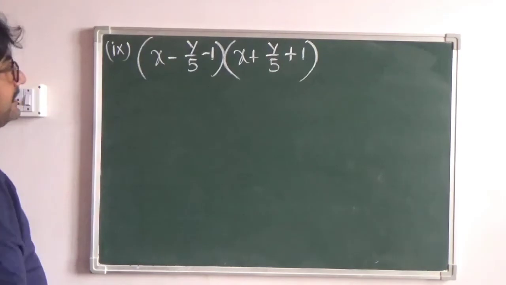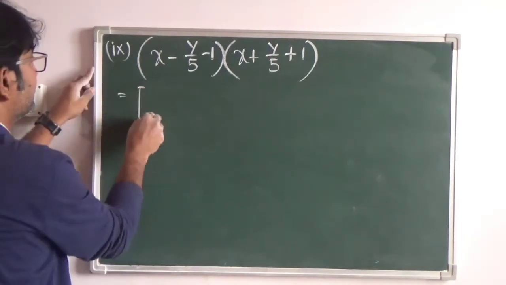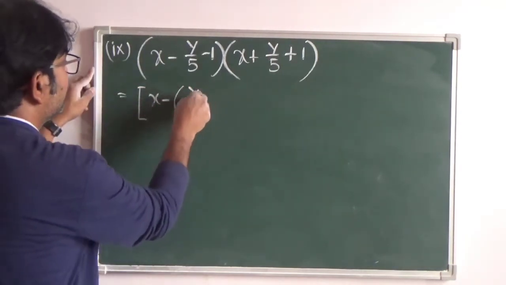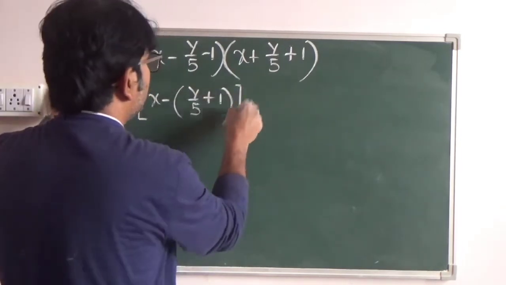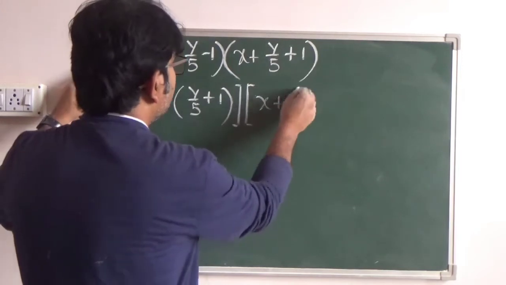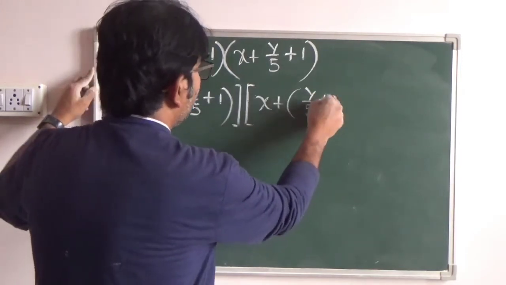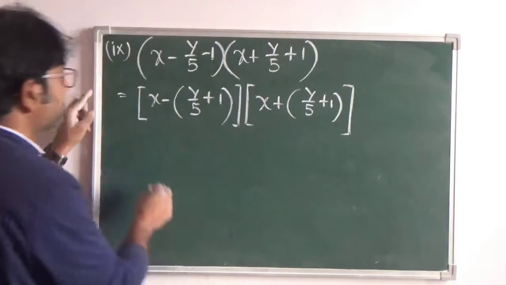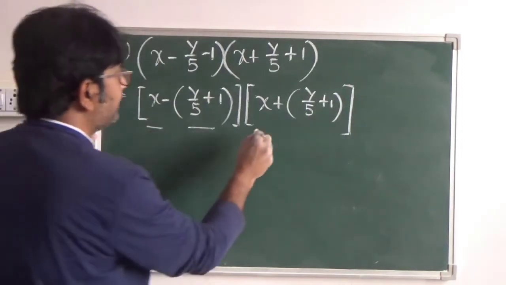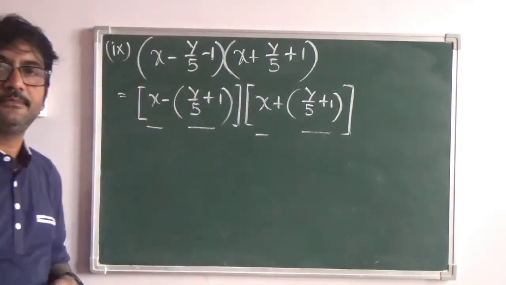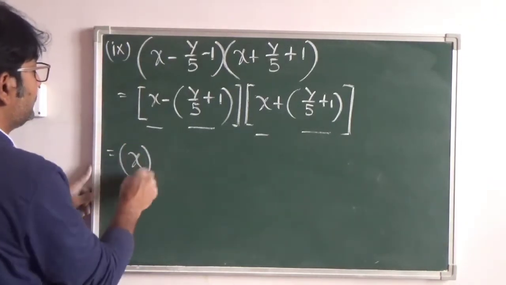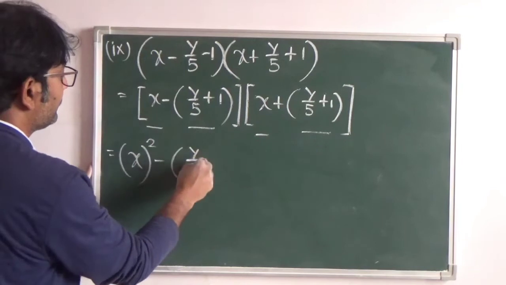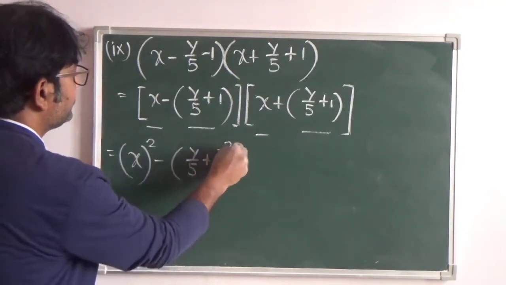So what we can do is write it as (x - (y/5 + 1)) times (x + (y/5 + 1)), that is (a - b)(a + b), the same difference of squares. We can write it as x² minus (y/5 + 1)².